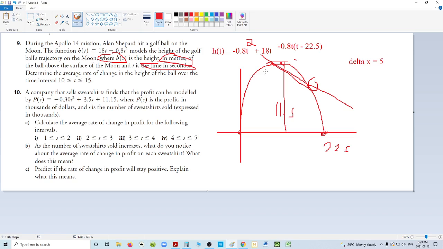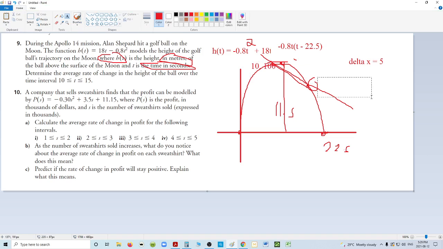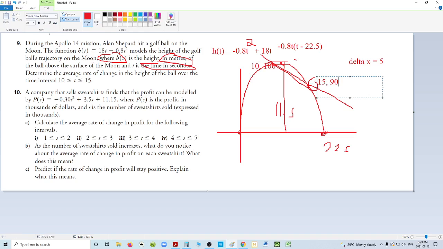it is at 10 comma, let's do it in writing because it's going to be easier. This point here is 10 comma 100. And then this point over here is 15 comma 90.